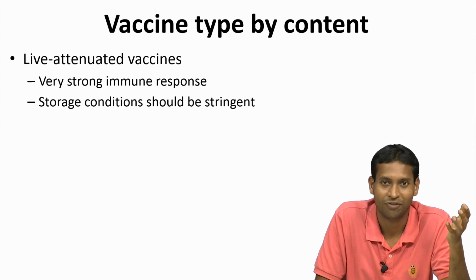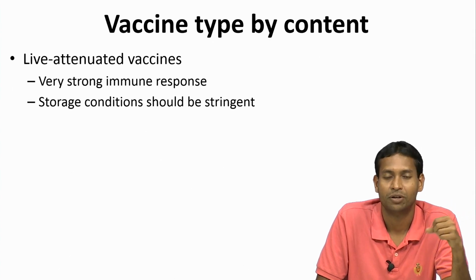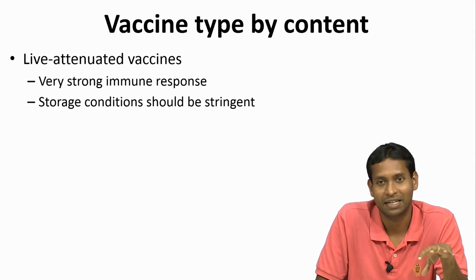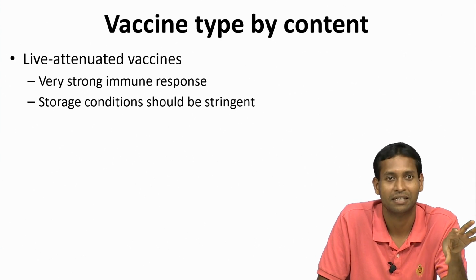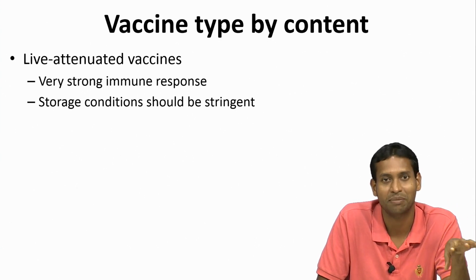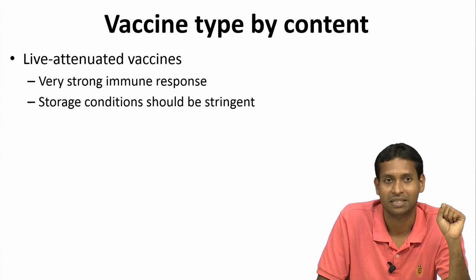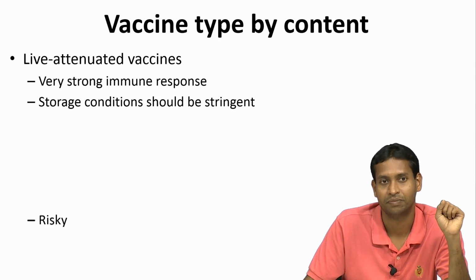If your storage conditions are not right and the virus or the bacteria, whatever it might be, is able to get the virulence back, then when you inject it as a vaccine, it can actually act as a driver to cause the disease, and that is the last thing you want, because that will essentially mean we are giving the disease to the patients themselves or the healthy person. So, the storage conditions need to be very stringent.